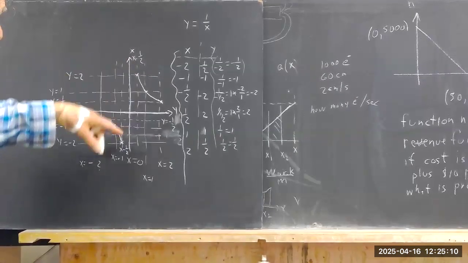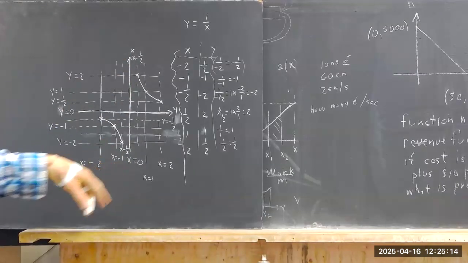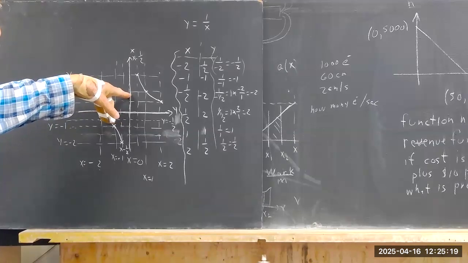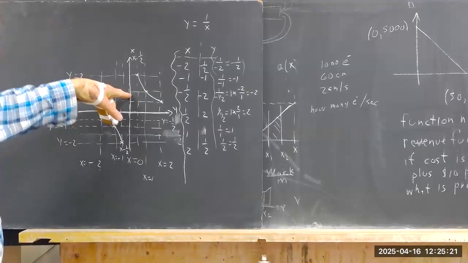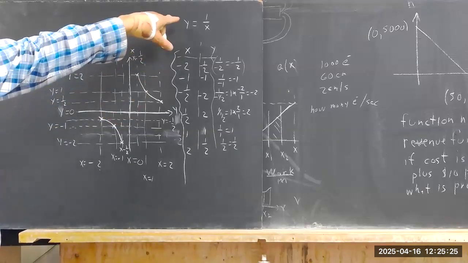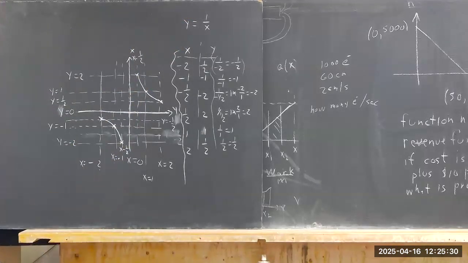Why? Because if I do, I'm going to have a y value when x equals 0. Wherever I draw, if I draw the line here and it goes through the axis here, that tells me that 1 over 0 is, no, it's undefined. We can't cross the y-axis.